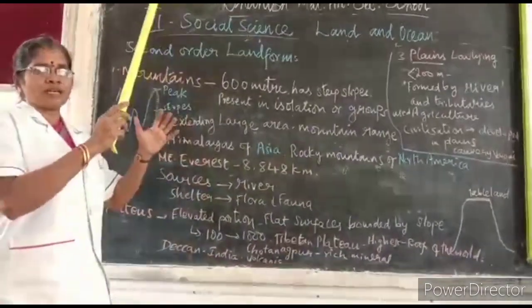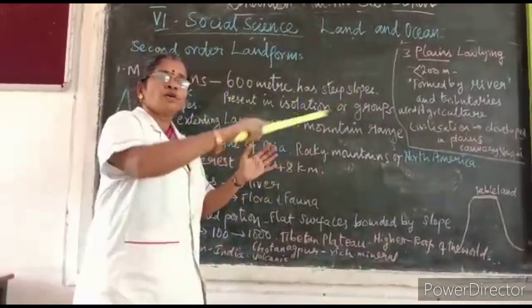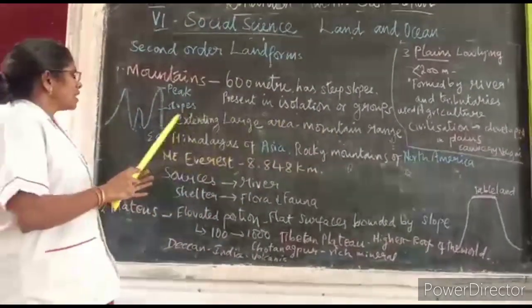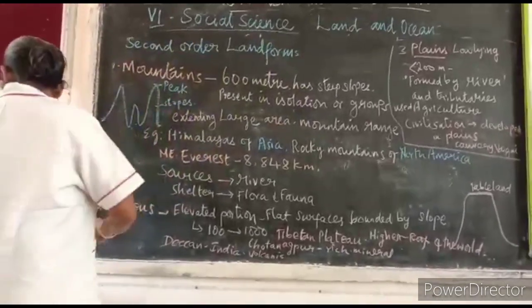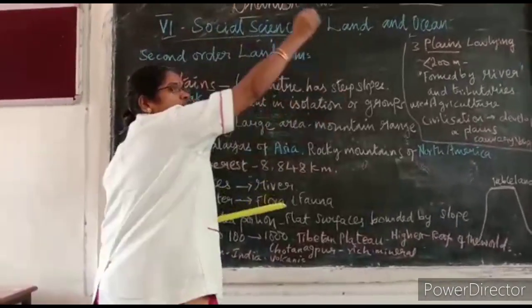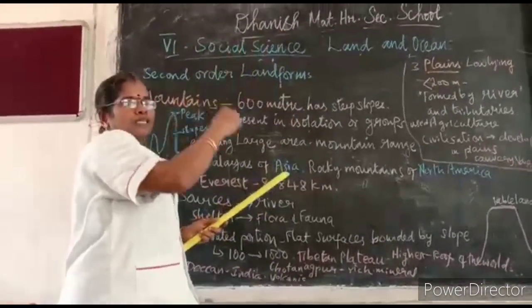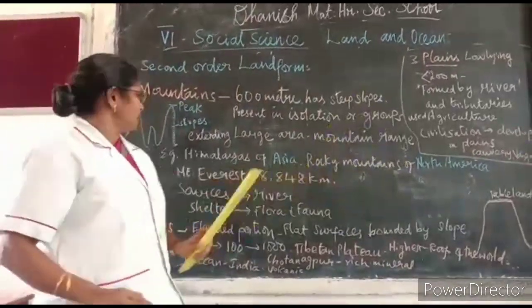Groups means a group of mountains extending over a larger area, like 100 kilometers. If it is present like that, we call it a mountain range.